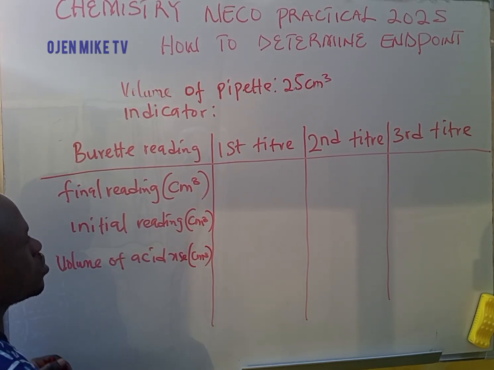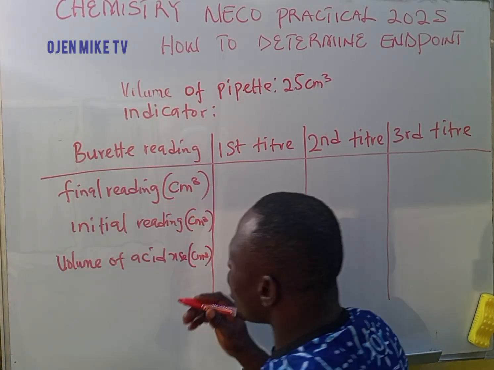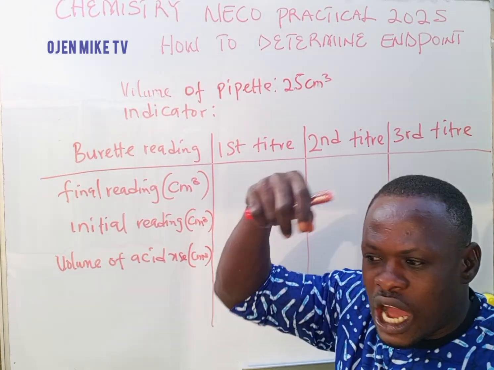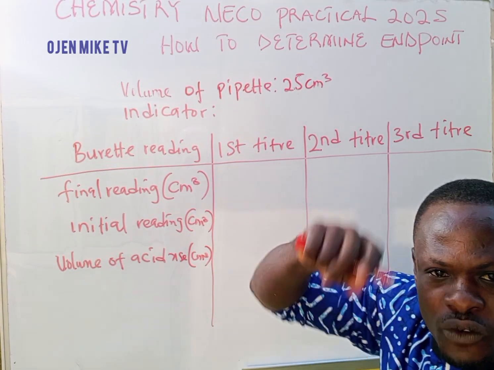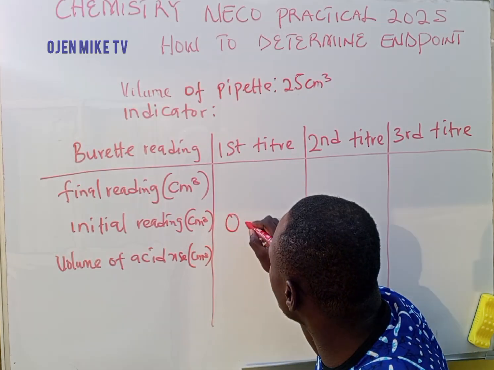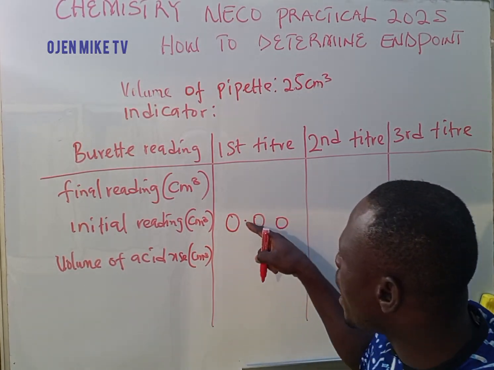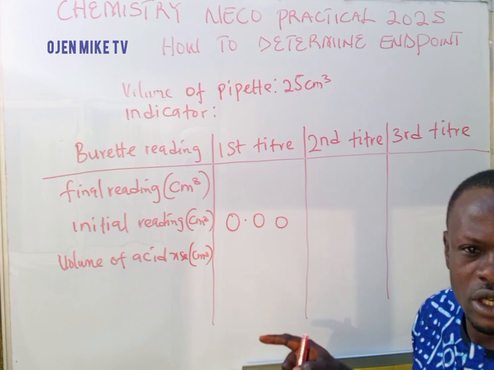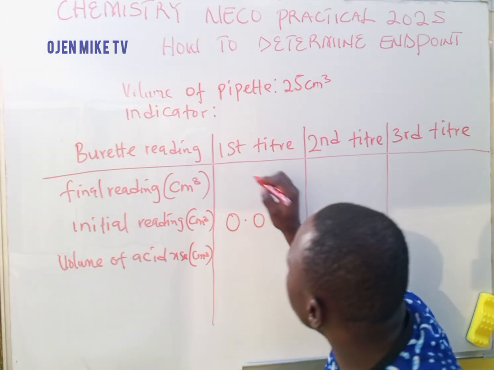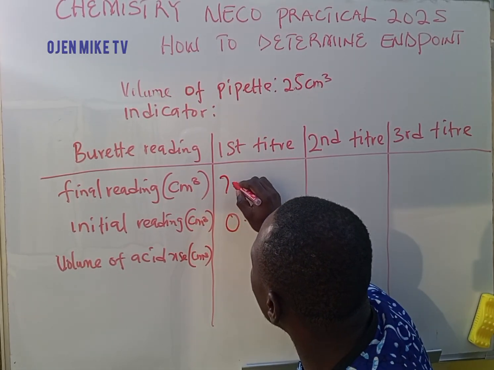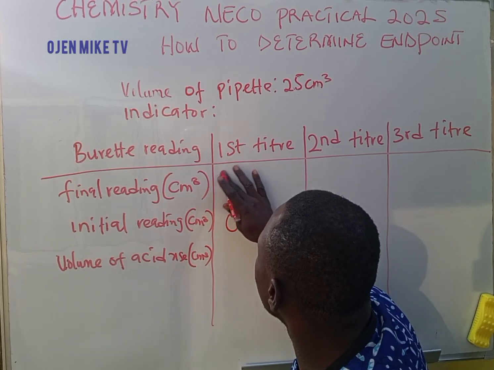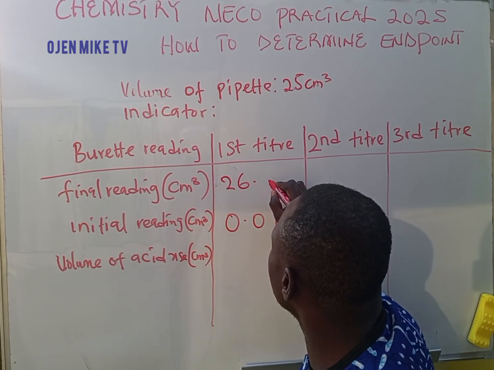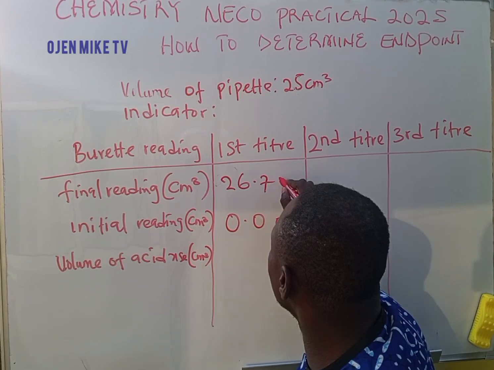cm cubes. So now in your initial reading, because you are just filling the acid in the burette for the first time, your initial will be what? 0.00. Remember, this decimal place must always be in 2 decimal places. Do you get that? Your final reading, let's say, is 26.70.